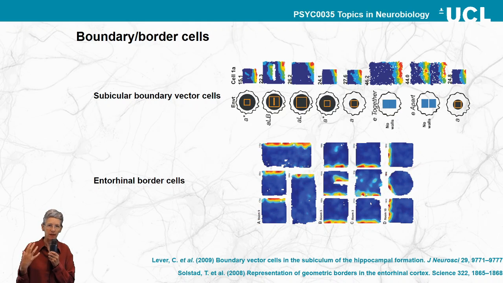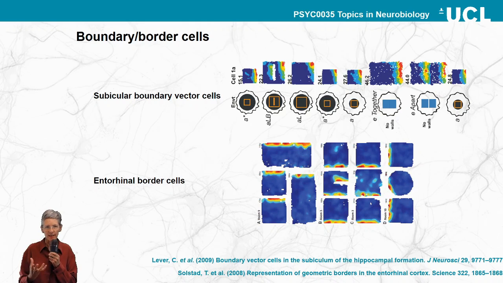So, for example, there may be a border cell that responds when the rat is near the north wall of the box. And if you remember back to the boundary vector cell of Burgess and colleagues, they predicted that there would be cells that fire at particular distances from walls located at particular directions from the rat. And so that's how a place cell is able to know how to position its field relative to the west and the south wall, for example. So that was the idea.